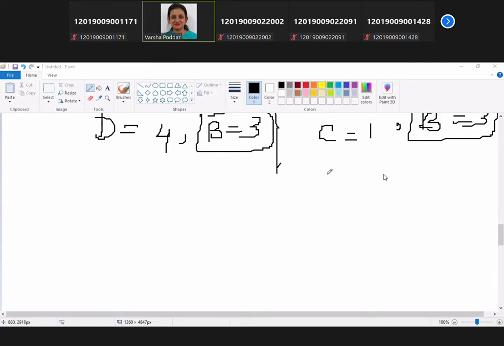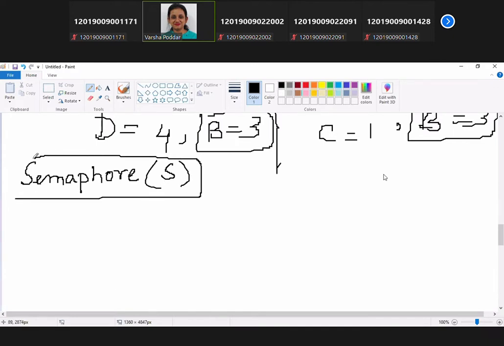But before that, we have some typical critical section problems that we will try to solve, and using them we will learn a very important term called semaphore, denoted by S. We will start learning what a semaphore is and how critical section can be controlled using it.